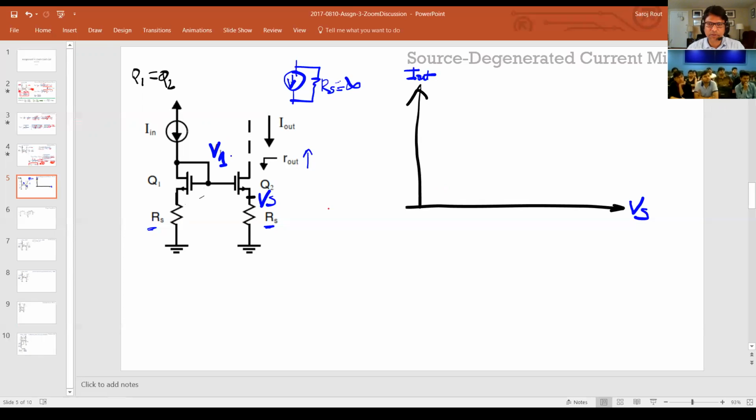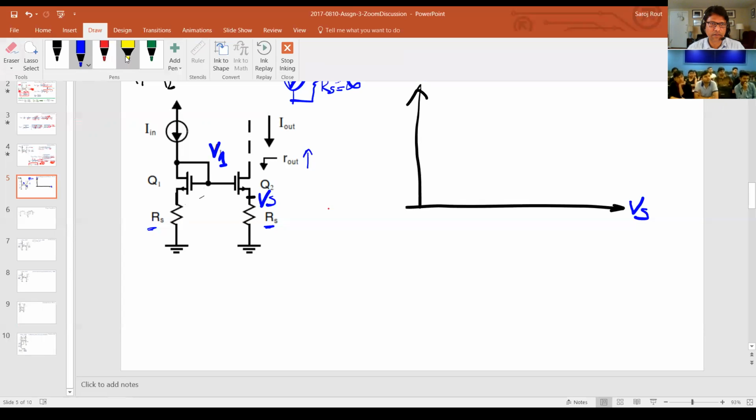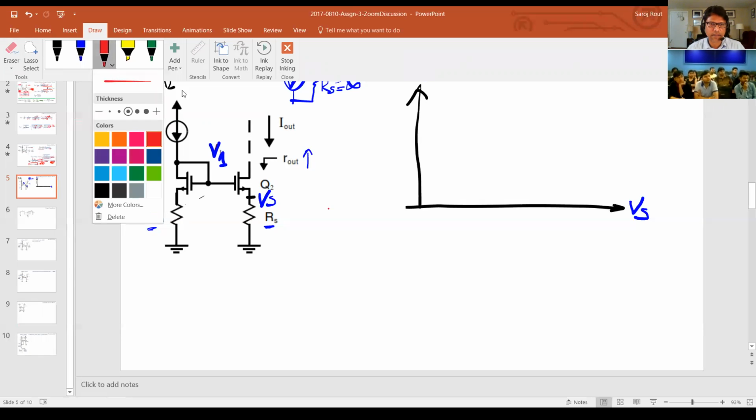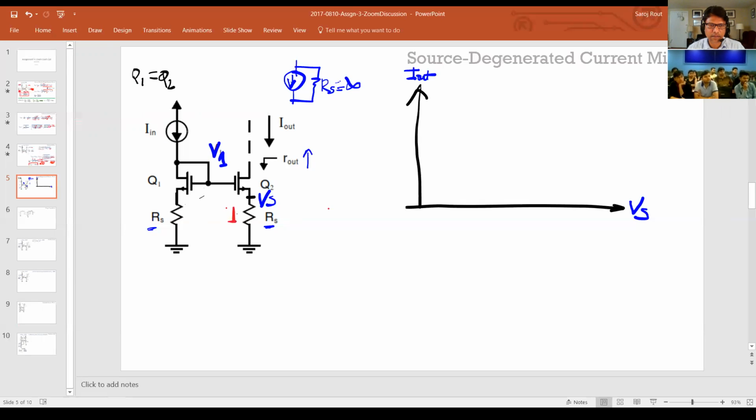So what I'm going to do is first graph the plot, the current flowing through the resistor. So draw it in another color, let's say in this red. So let's call this IR flowing through this resistor. So as this voltage Vs with respect to ground is increased from 0 to, let's say, V1, and as I'm increasing this voltage, what is the current? Well, the current is going to be just linearly increasing, right? And this slope is, so that's your IR, right?